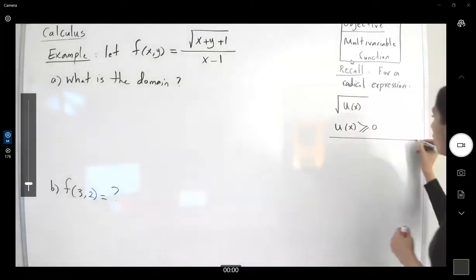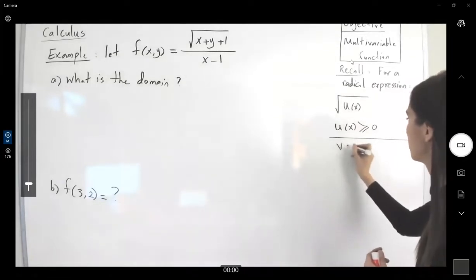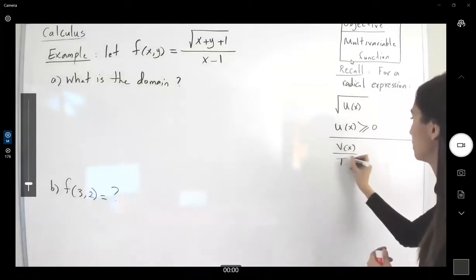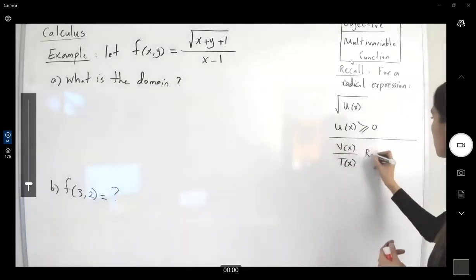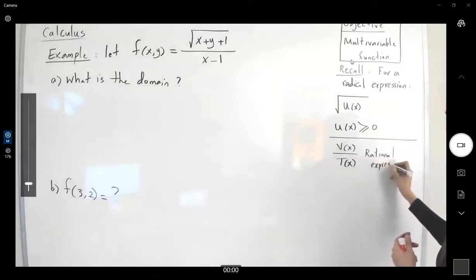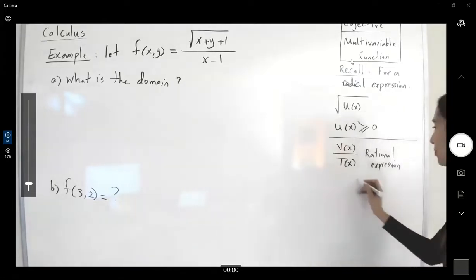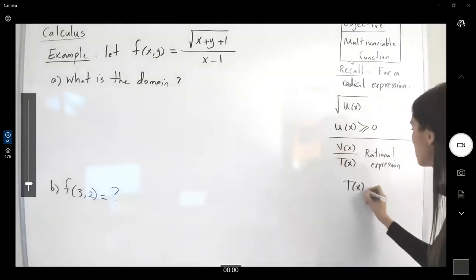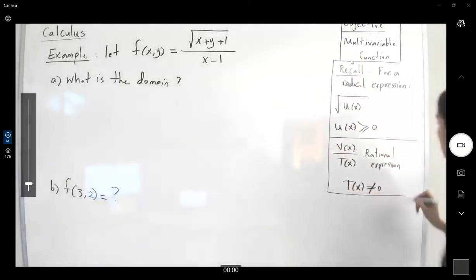And also recall that if you have v of x divided by t of x as a rational expression, the denominator cannot be 0. t of x cannot be 0. This is what we learned in algebra.